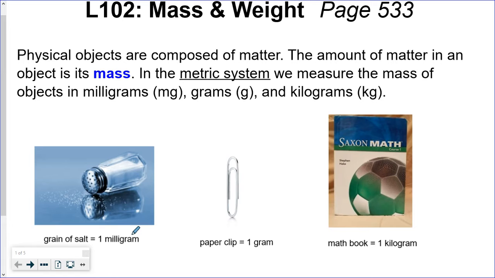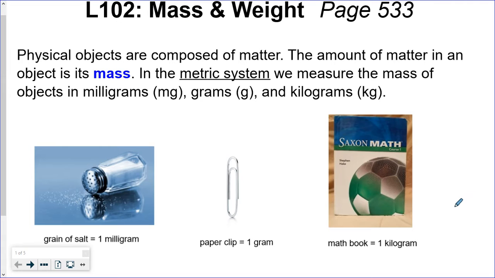Not a lot of mass to that. Now let's go a little farther up where we have a paper clip. A paper clip is going to be about the equivalent of 1 gram. Again, we're not talking about something that's overly heavy, but we're noticing that there's a big difference between one little grain of salt and one paper clip.